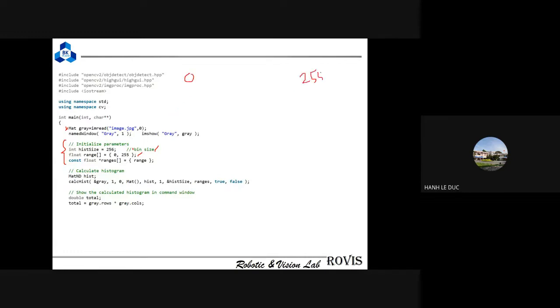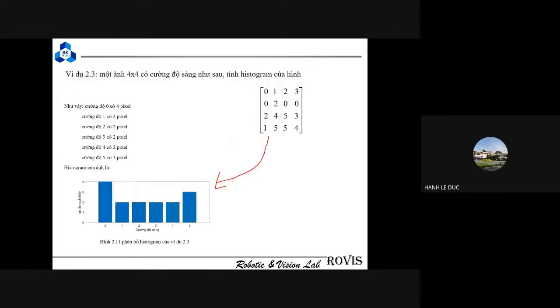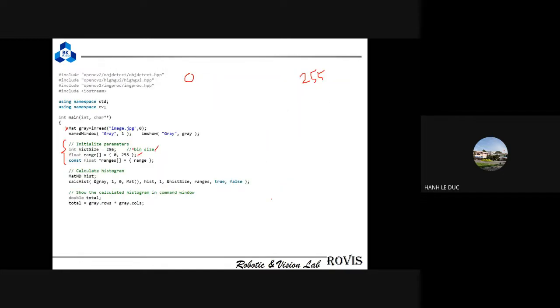So what is the bin size here? This is 1, 2, 3, 4, 5, 6. So this is the bin size. The range we want to draw on the histogram chart is from 0 to 255.